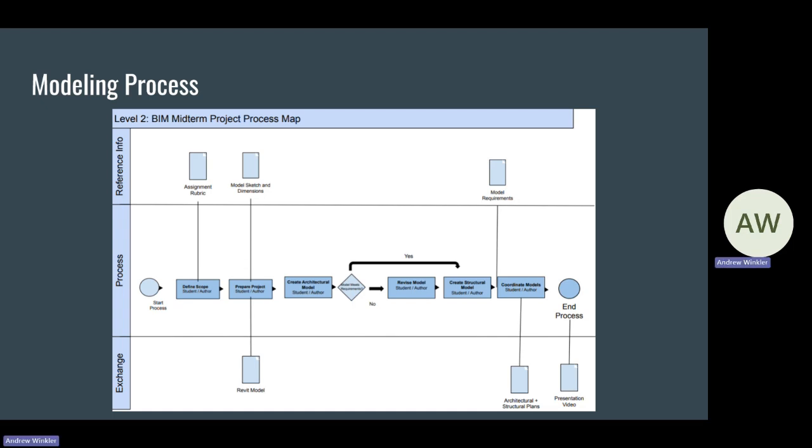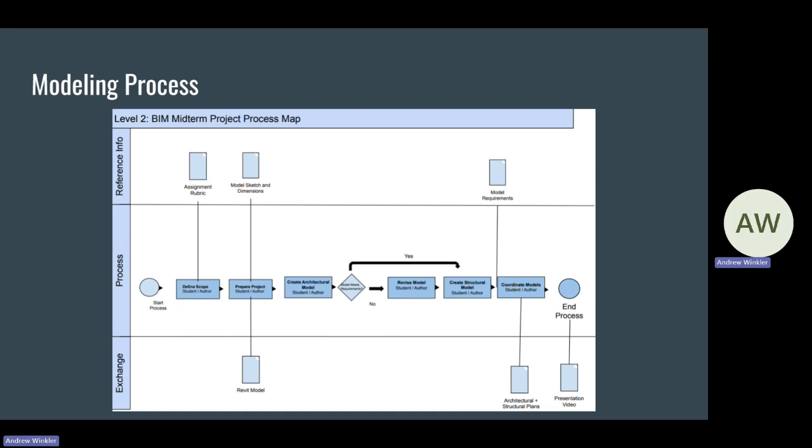Once you start preparing your project, you will get the Revit model. After this, you will create your architectural model. And right here, this says, does the model meet the requirements? If it does not meet the requirements, then you will revise your model.